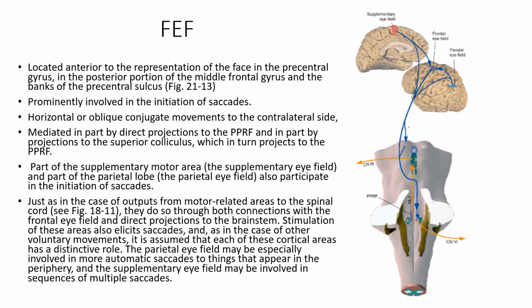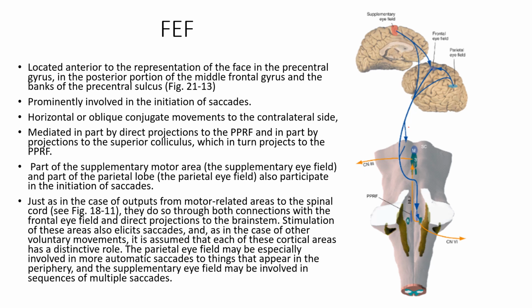It is prominently involved in the initiation of saccades. Stimulation here causes horizontal or oblique conjugate movements to the contralateral side. So horizontal or oblique, okay? So side to side or diagonal movements to the opposite side.